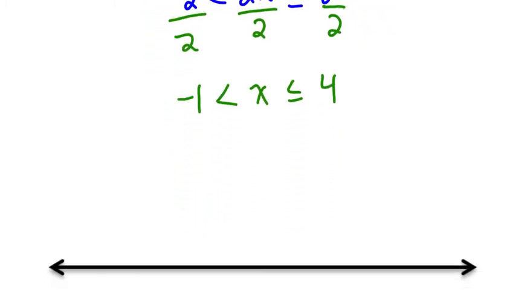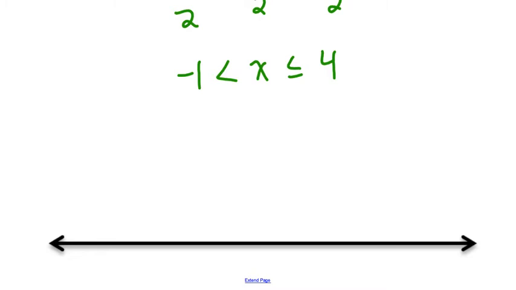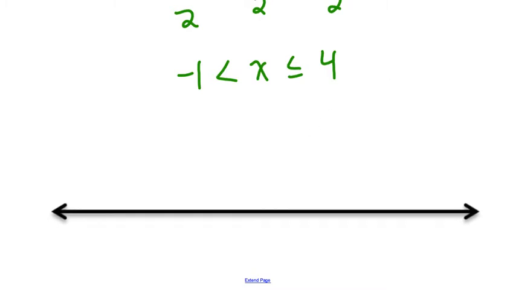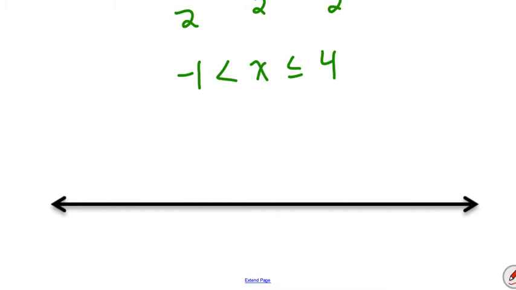So what does this look like on our number line now? When we do these, we're going to put our smaller number on the left. So we're going to put a -1 over here. I'm not going to put any lines in between. I'm just going to put one on the left and one on the right, just like that. This inequality right here tells me that it's an open circle.